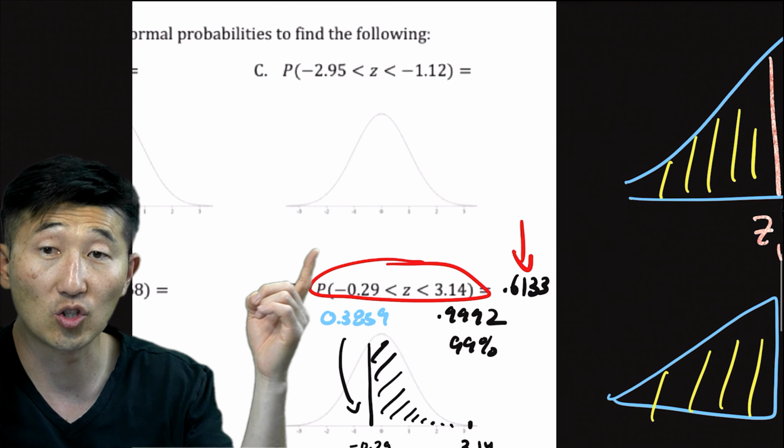I can do it really quick. You want to just do it real quick? Yeah, just to double check. 2.95, negative 2.95. 0.0016.